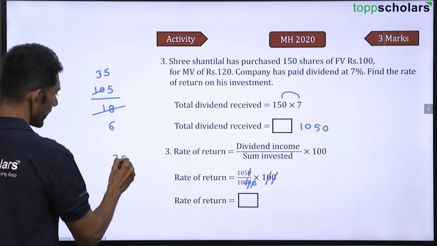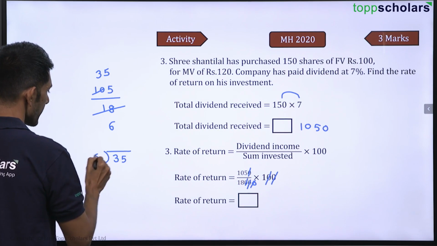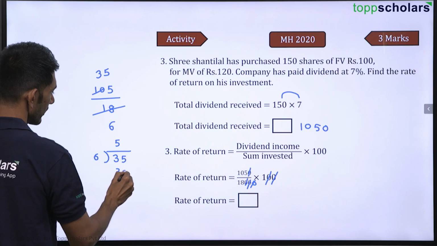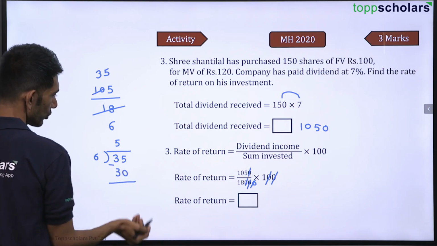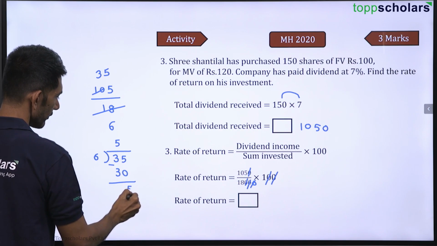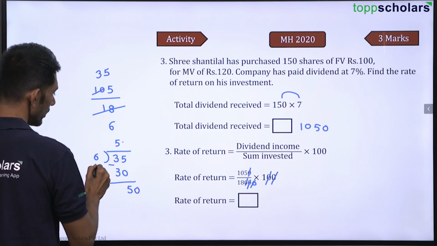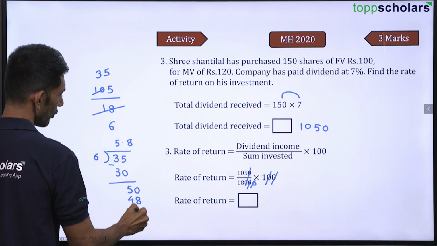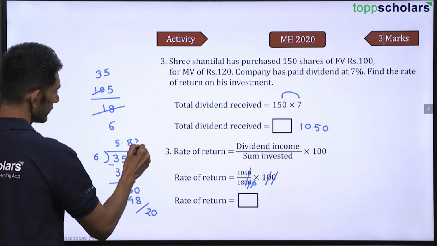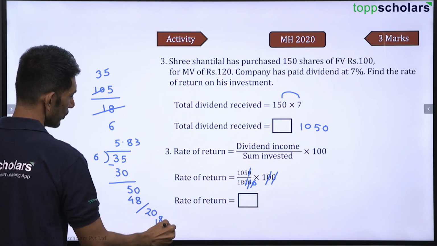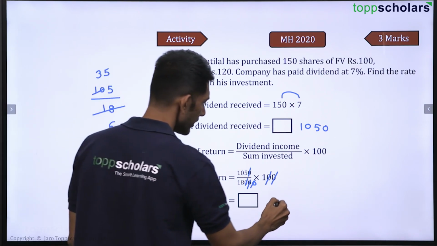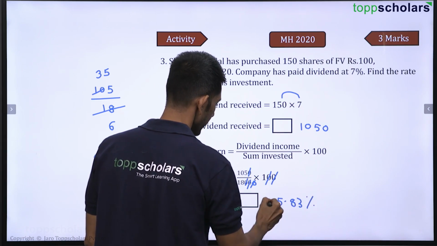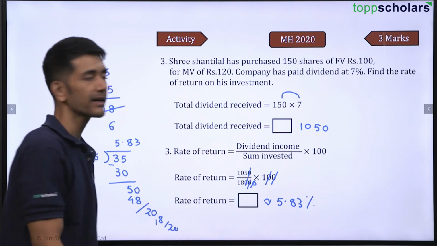So you divide 35 by 6. 6 5s are 30, right? So this becomes 5, dot, 0. 6 8s are 48, then 20, 6 3s are 18, then 20. So basically 5.83. 5.83% is the approximate rate of return.